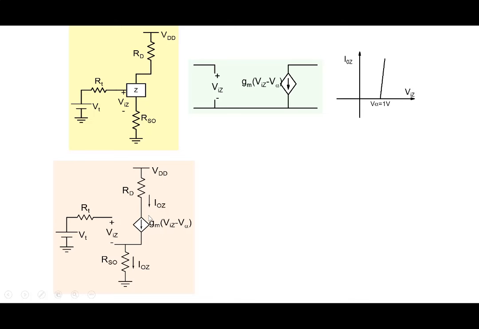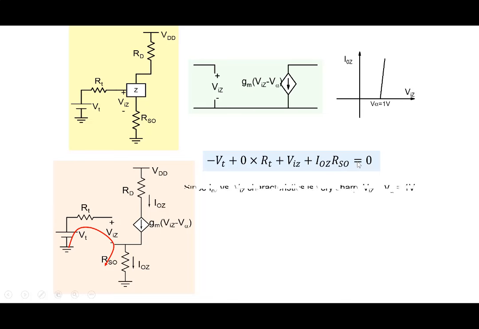Okay, and then let's do a KVL here. Let's write down the equation. So minus Vt plus, note that there is no current flow here, plus Viz here, plus I0Z RS0 equals 0.